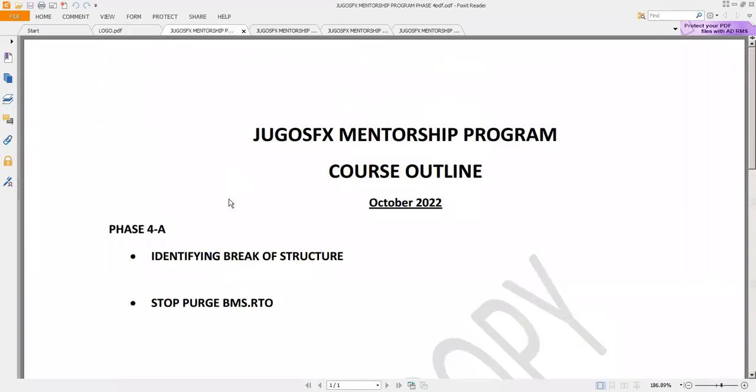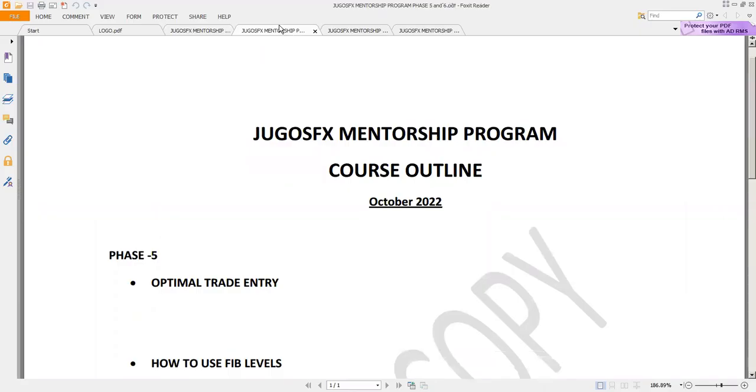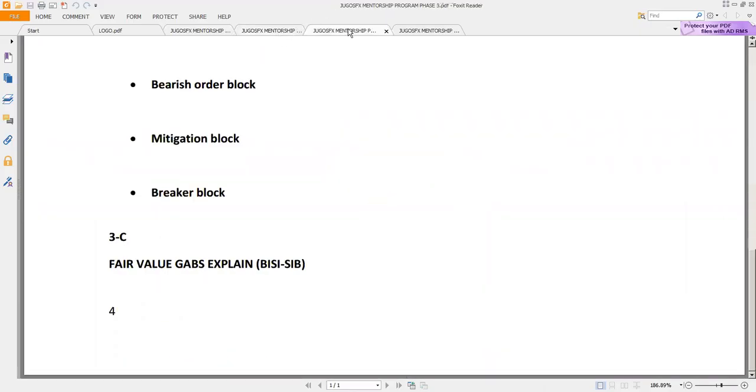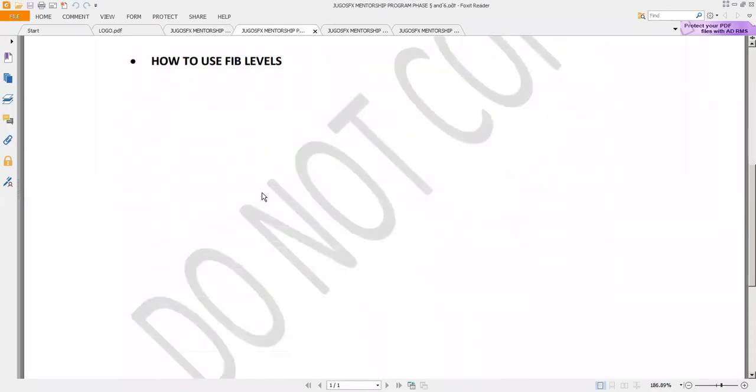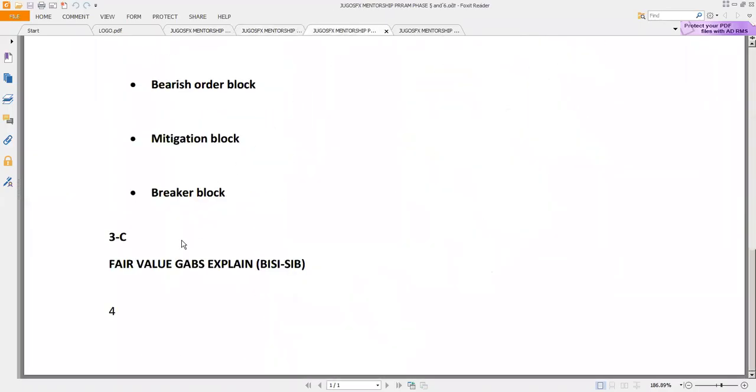Today we are going to be talking about identifying breakout structure. Remember, we have already talked about fair value gaps explained. That's our last lesson, that was the ending of phase 3.